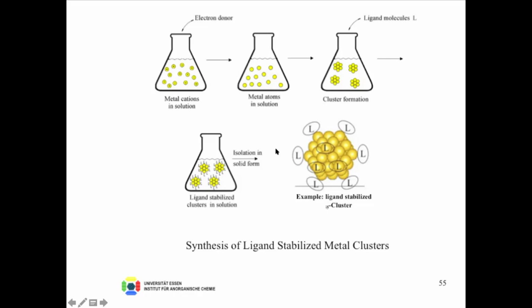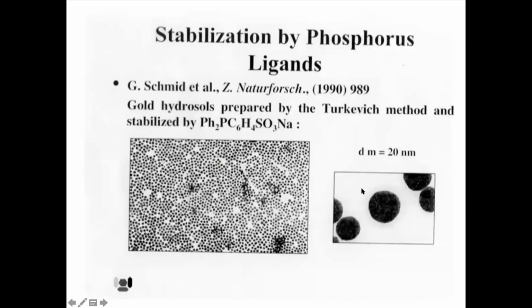With citrate, it's just a question of boiling it up, and at a certain temperature, the citrate gives off the electrons, and the other citrate molecules stabilize the particle. But you need something to stabilize the clustered metal atoms. In this way, you can make nanoparticles that are quite well defined.